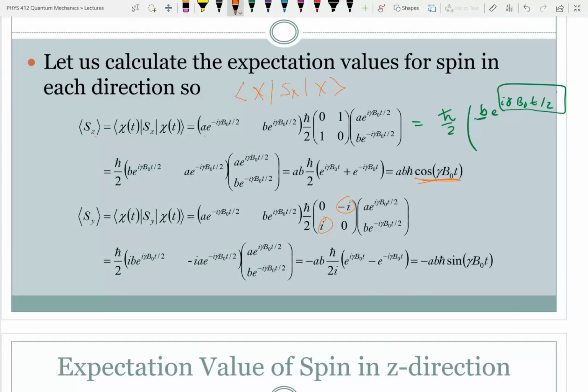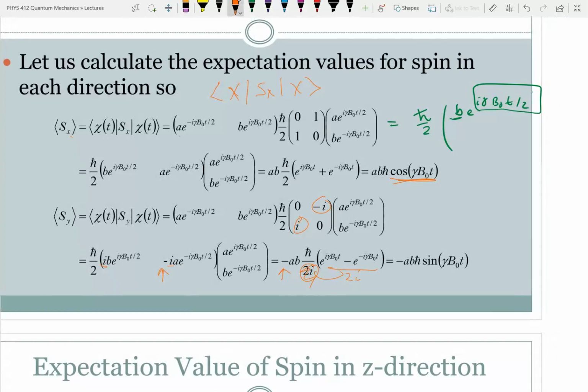You just have i's in front of each term and a minus sign in front of that second one. And so you have a minus ab h bar over 2i e to this stuff. Well, if I move this 2i over here, that's sine, exactly. And so I have minus ab h bar sine of gamma B0 t.